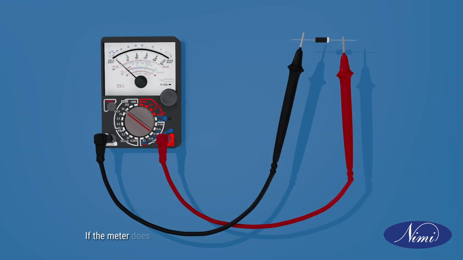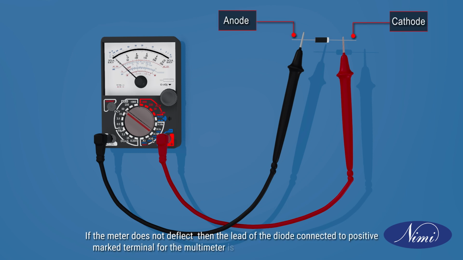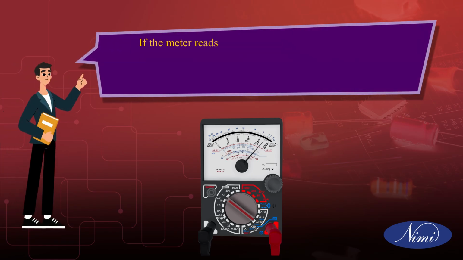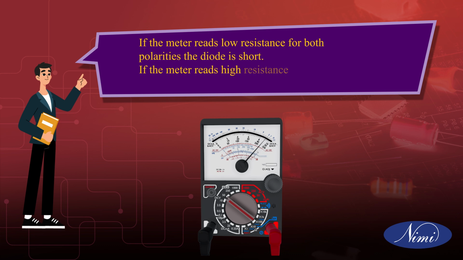If the meter does not deflect, then the lead of the diode connected to the positive marked terminal of the multimeter is the cathode and the other is the anode. If the meter reads low resistance for both polarities, the diode is short. If the meter reads high resistance for both polarities, the diode is open.